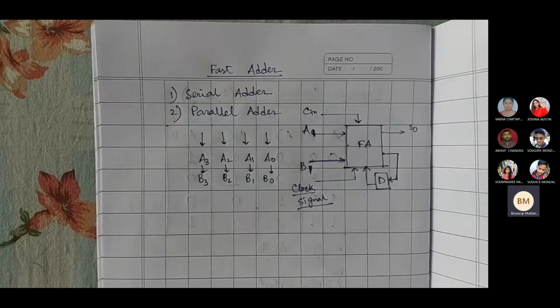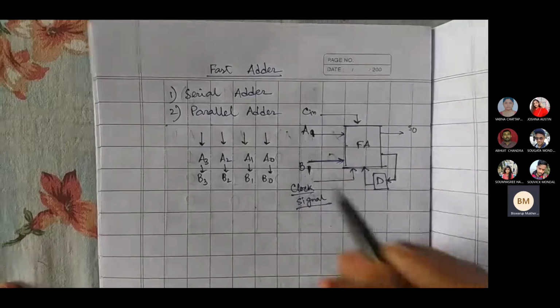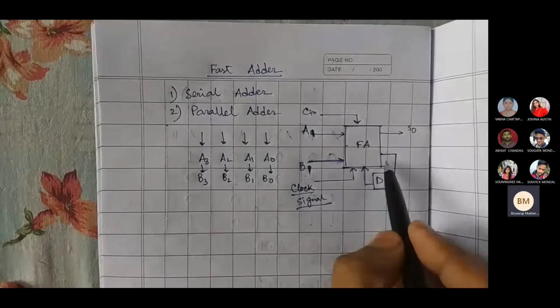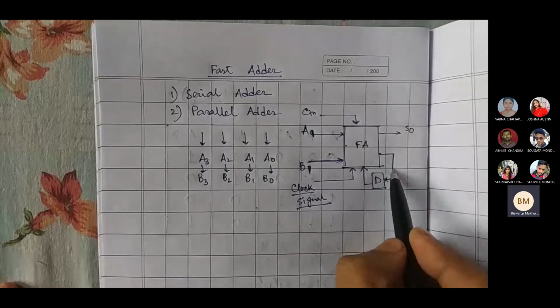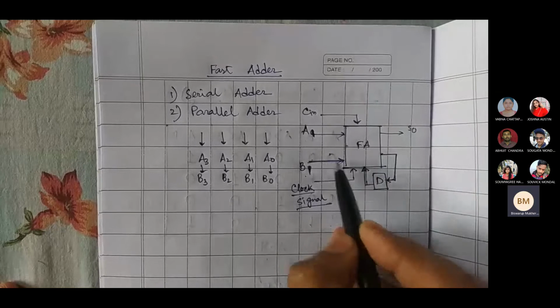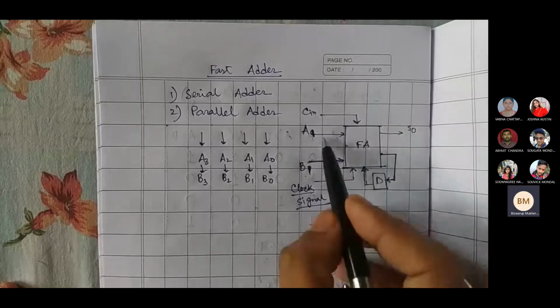A0 along with B0 has come initially. It is added with that full adder, and we get S0. The corresponding carry we need to hold for a certain time period, so that whenever A1, B1 comes, this previously generated carry can also be inserted into the system.